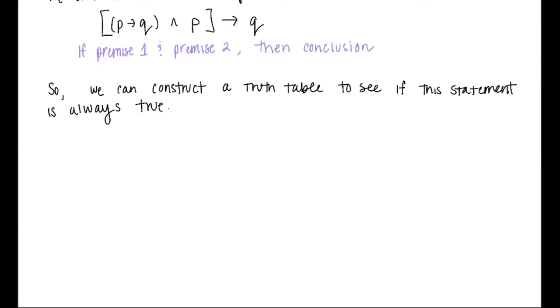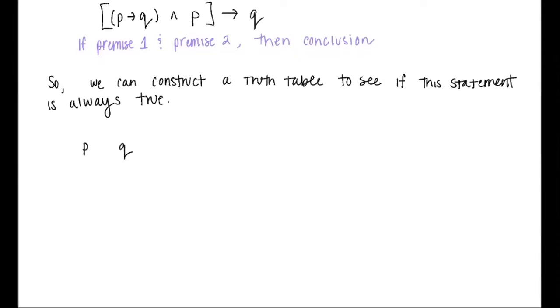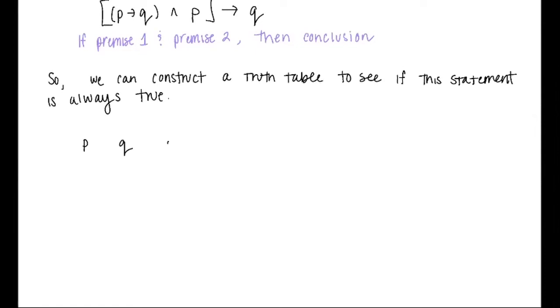Okay. So I've got my two statements, P and Q. I've got my first premise, which is if P, then Q. And then I want to see premise 1 and premise 2 together.